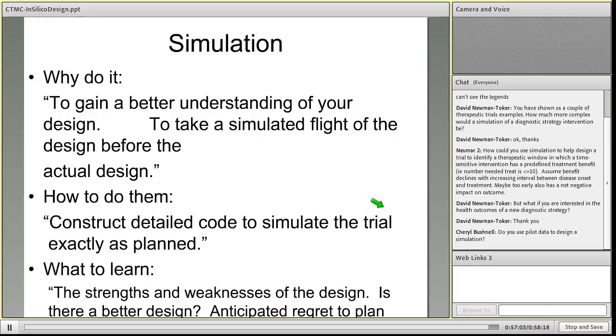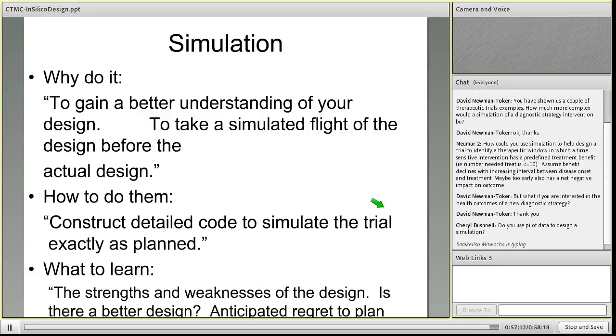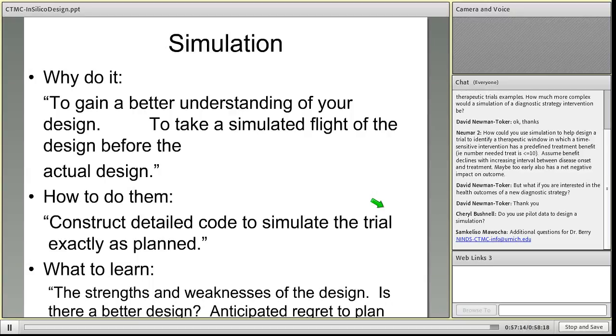We want to build a trial that does well under a wide range of scenarios, so we can simulate sort of pathological funny cases to make sure it functions pretty well under those as well. So pilot data is huge.